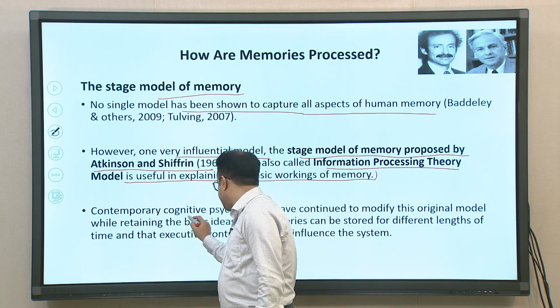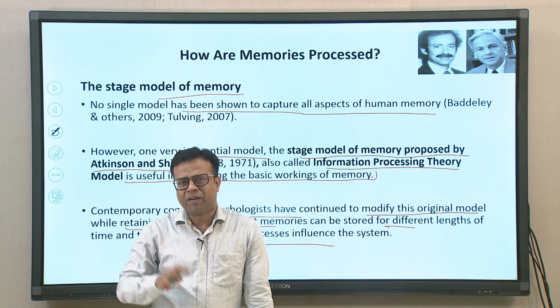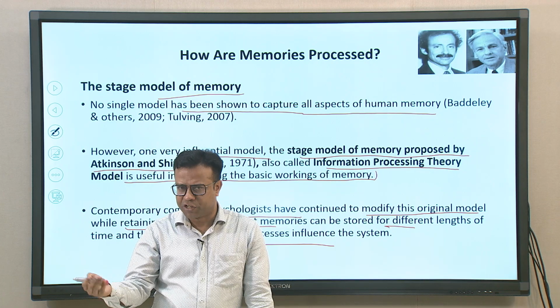Obviously, this model has continued to be modified from the original, while the basic aspects are still retained, that information is stored for different lengths of time and that control processes influence the system. But there have been many modifications around this model.